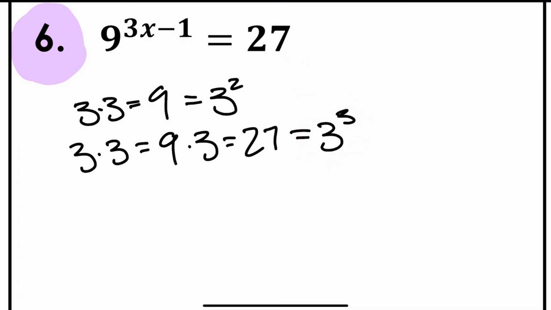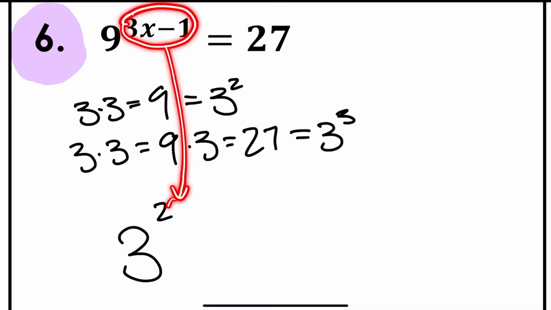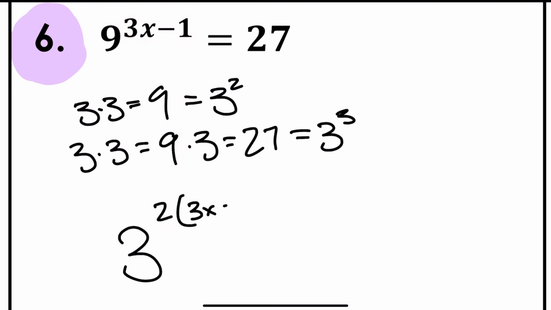We said that was 3 to the second. I'm still going to take this whole thing and plug it in here with parentheses. So I have 3^(x minus 1) equals 27, which was equal to 3 to the third power, so I'm going to plug that in.